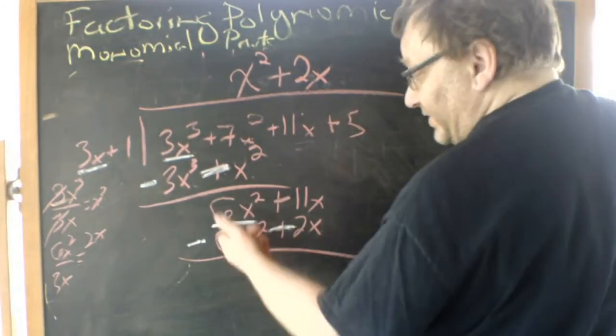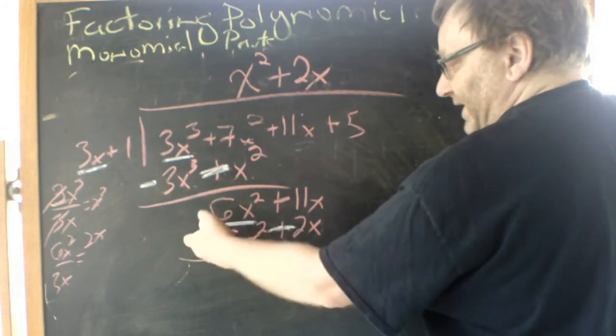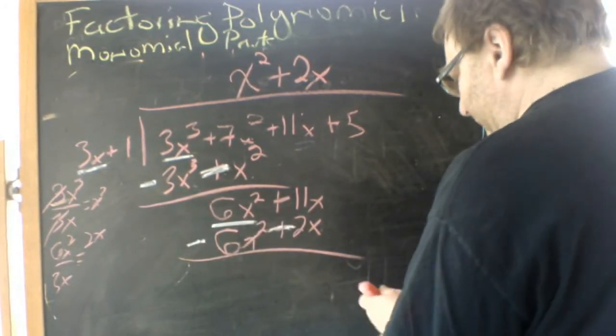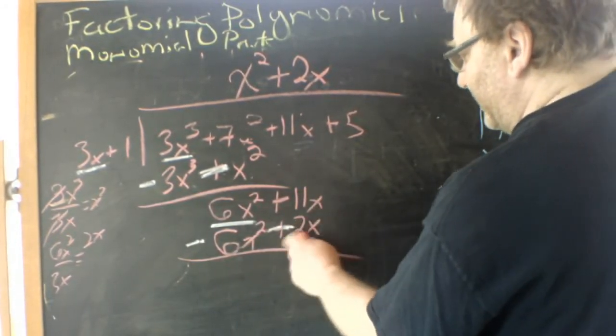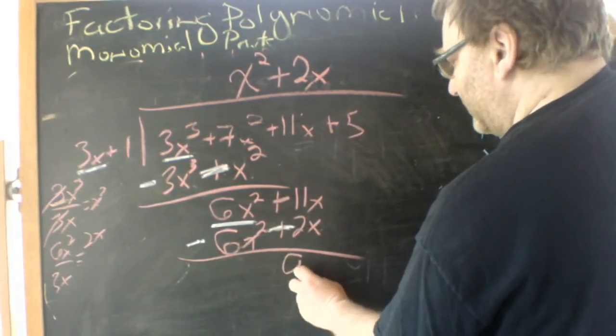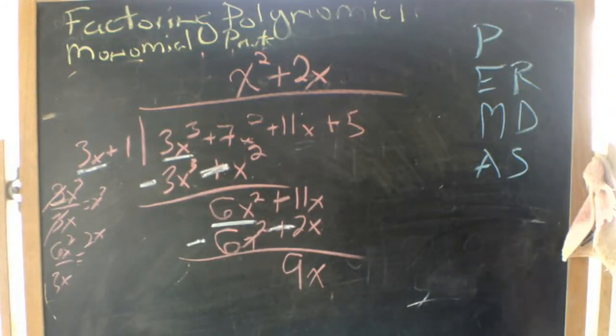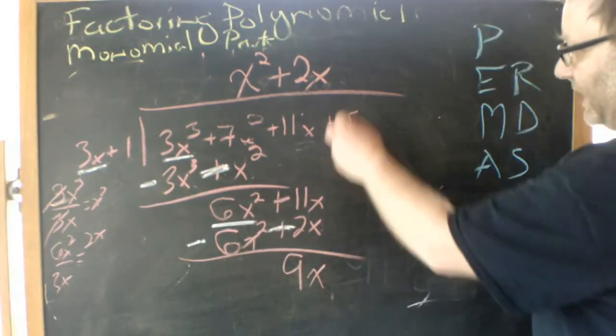If I've done my job right, these first two things should go away, because these two things should be exactly the same. So I'm going to subtract, they go away. 11x and 2x gives me 9x. Did I miswrite this? And then I bring down my 5.